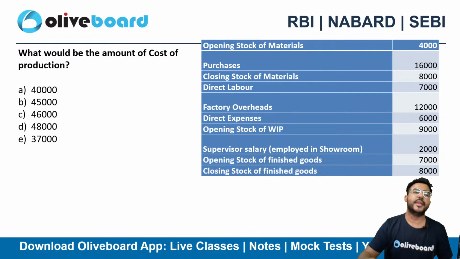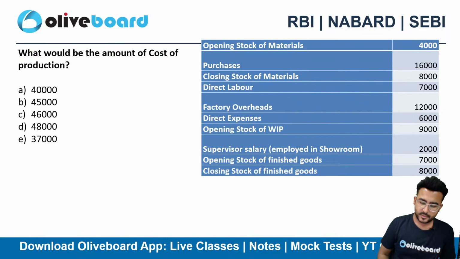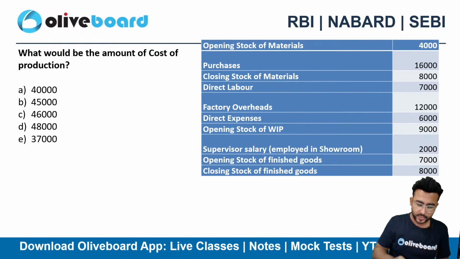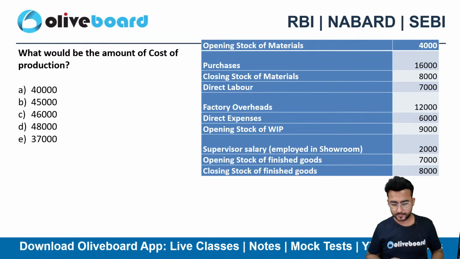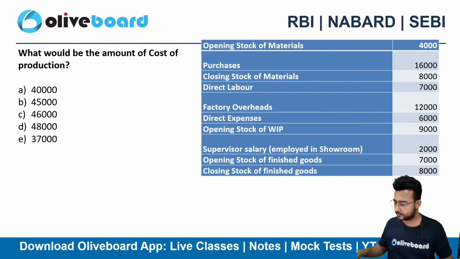Okay. Next, what would be the cost of production? From the given table, you need to calculate the cost of production here. So standard costing, guys, is a totally formula oriented chapter.